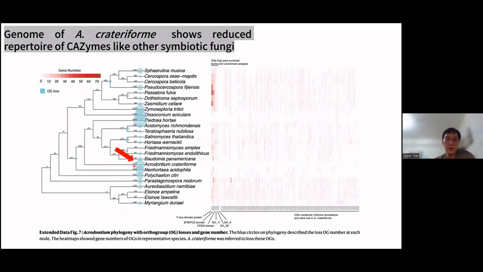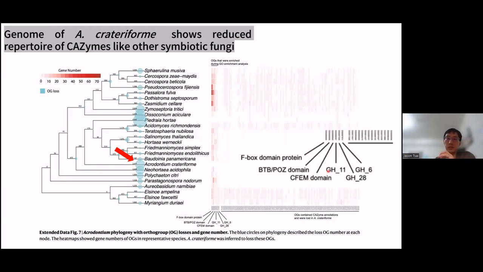When looking into which families were lost, on the right, we found that families associated with plant pathogenicity, for instance genes that encode cell wall degrading enzymes commonly used by pathogenic fungi to invade host tissues, are largely reduced or absent. This reduction really mirrors what we see in other symbiotic fungi, such as ectomycorrhizal species, which have similarly lost many of these pathogenic traits as they evolved a more cooperative relationship with their plant host.